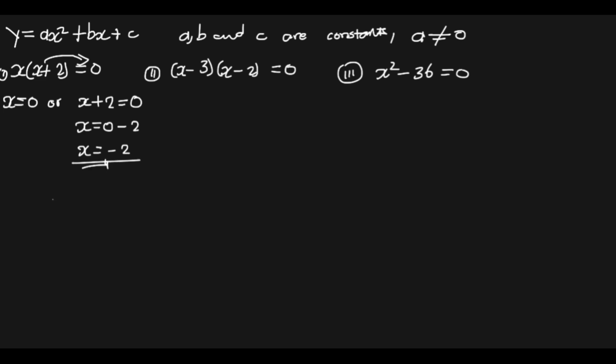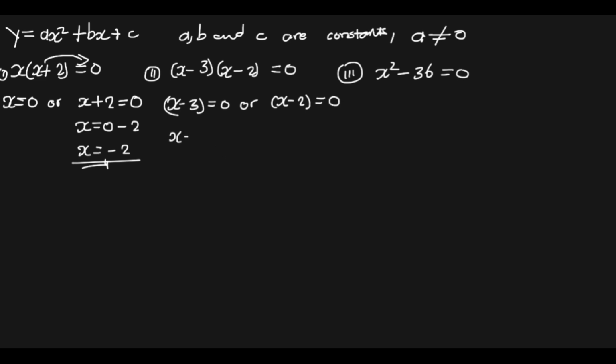Okay, now we can move on to Roman number 2. Also, we have been given a question that has been factorized. So here we are going to proceed by equating each bracket to 0. x minus 3 equals 0, or x minus 2 equals 0.